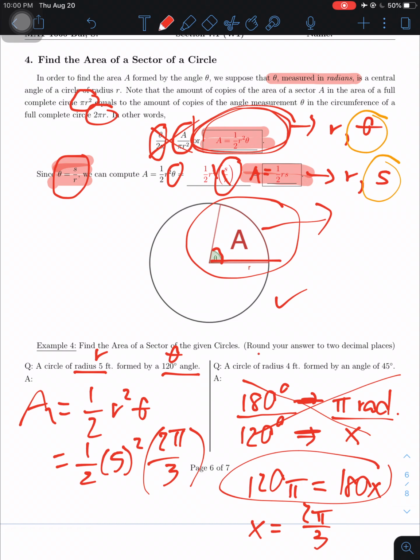Since we have to round our answer to 2 decimal places, let's put everything in the calculator and get a decimal version. So we do 1 divided by 2 times 5 squared times 2 times 3.14 for pi, and then divided by 3. And the final answer in here will be 26.17 because we have to round it to 2 decimal places, okay?